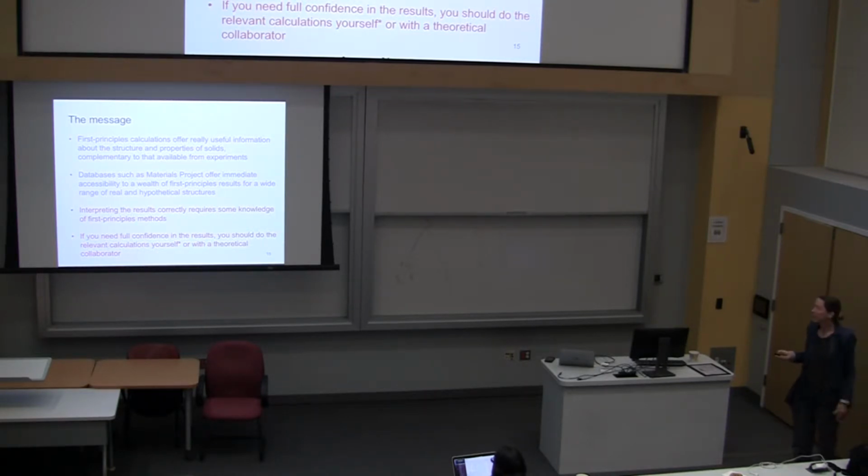Again, as experimentalists, with the emergence of databases such as Materials Project, you have immediate access to a whole bunch of first principles data, which even as recently as a few years ago you would have had to somehow calculate yourself, which you probably wouldn't do.